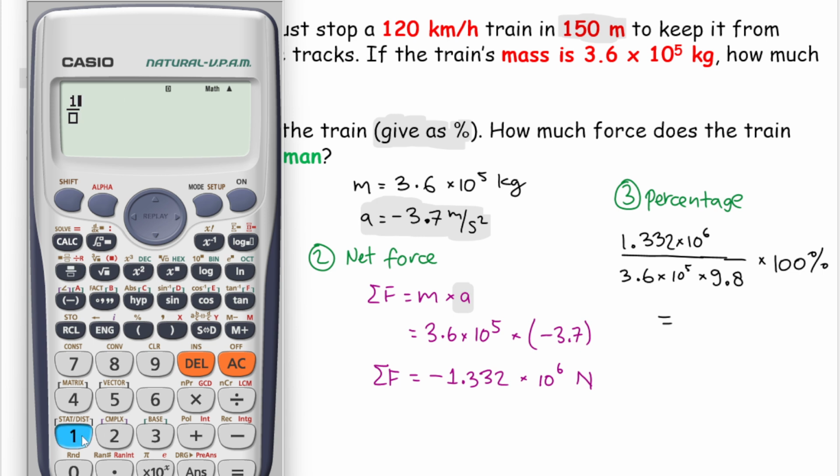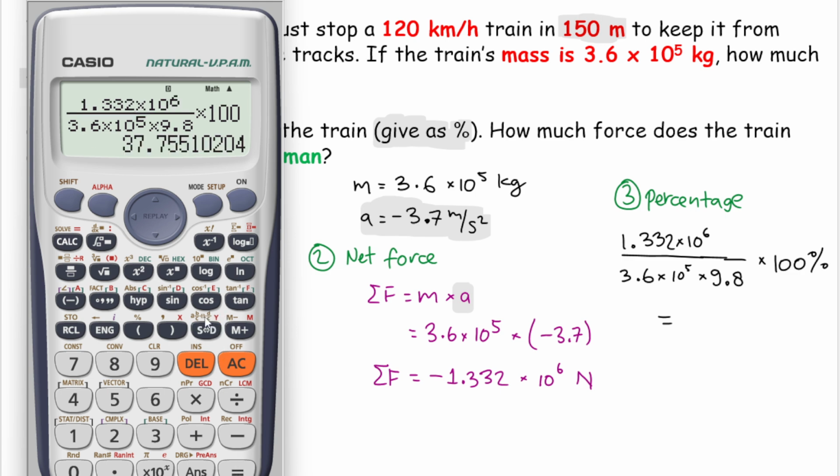Okay, so I'll have 1.332 times 10 to the 6, and then divided by 3.6 times 10 to the 5, and then multiplied by 9.8 here, and then multiplied by 100%.